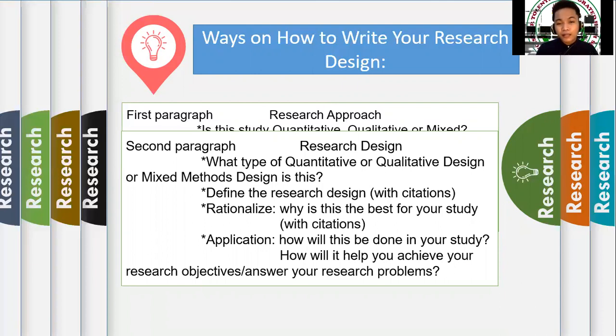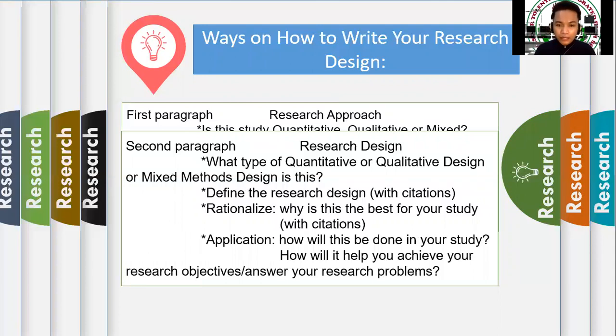Is it a quantitative correlational design or vice versa? And then after identifying the type of your research design, you really have to define it. You really have to put the definition, likewise the citation.